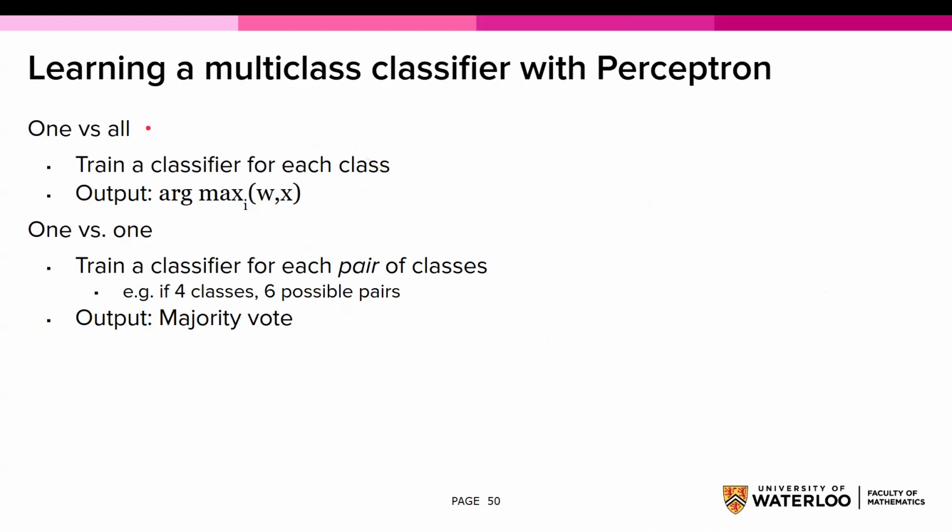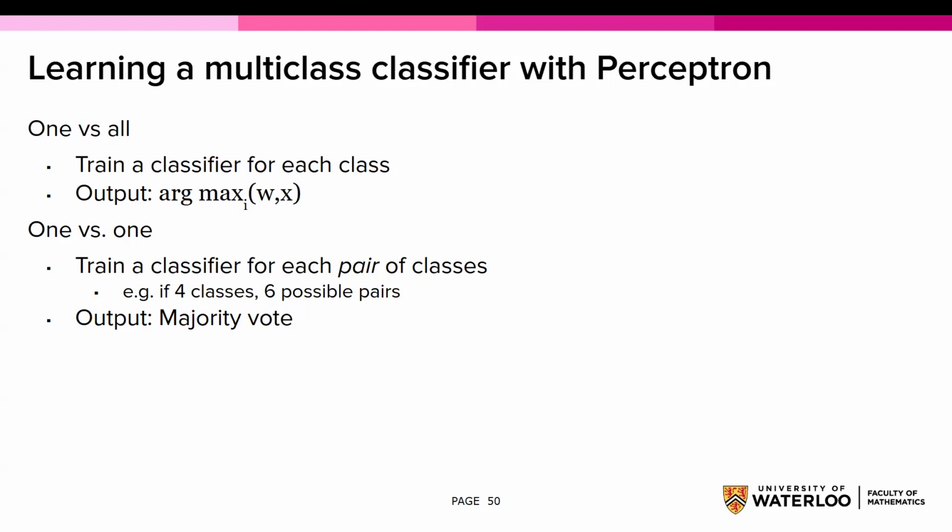One possibility is something called one versus all. This involves training a classifier for each class. You select a class and assign one wherever that class appears in your outcome variable, and for every other class, that takes on a value of -1.